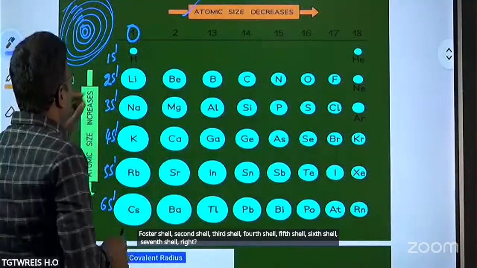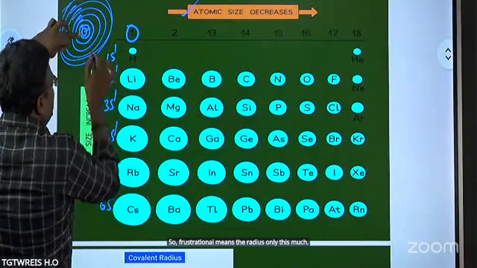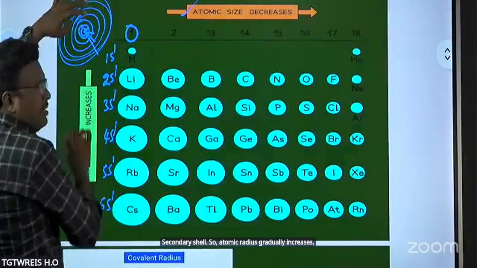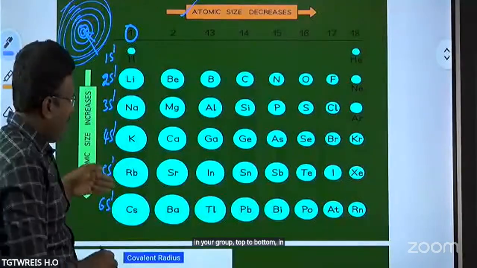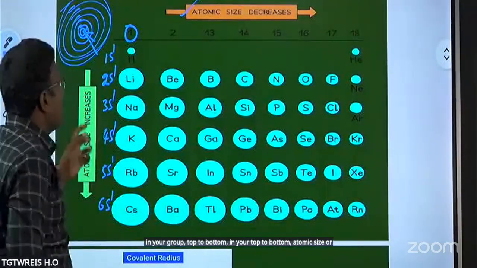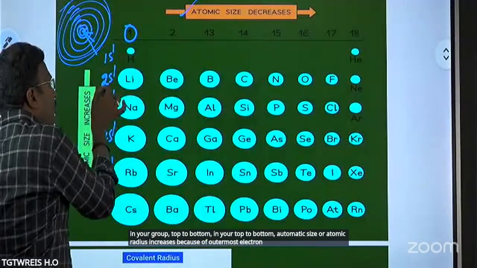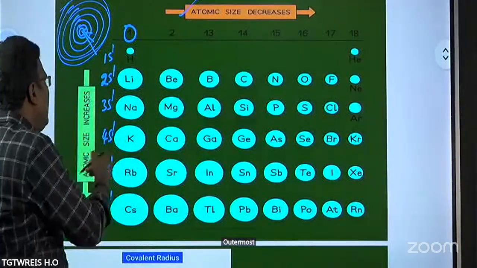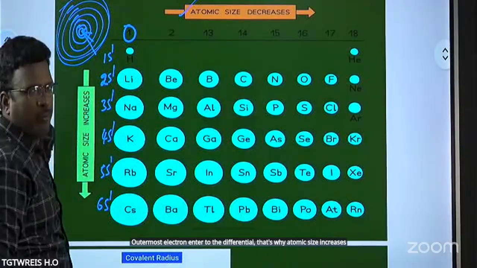First shell means the radius is only this much; in the second shell, the atomic radius gradually increases. In a group, from top to bottom, atomic size increases because the outermost electron enters different shells. That's why atomic size increases in a group.